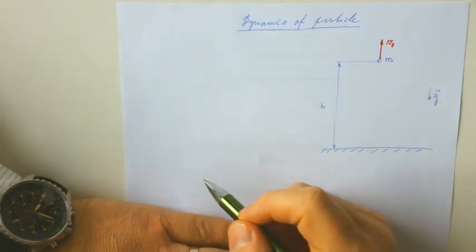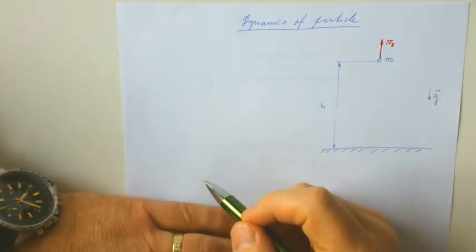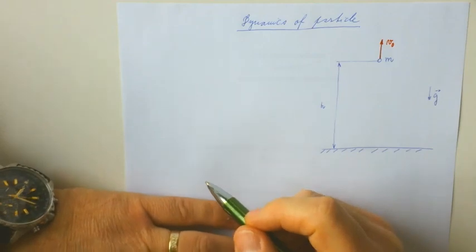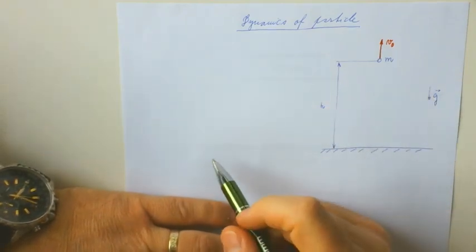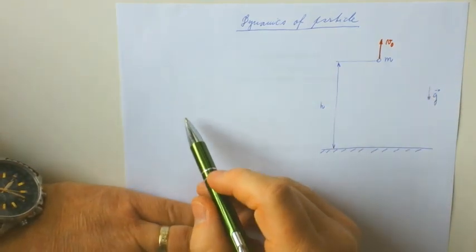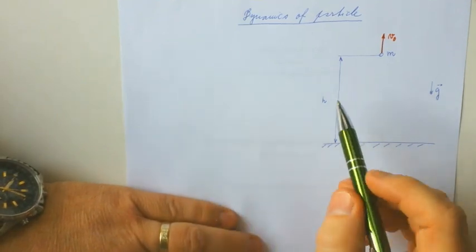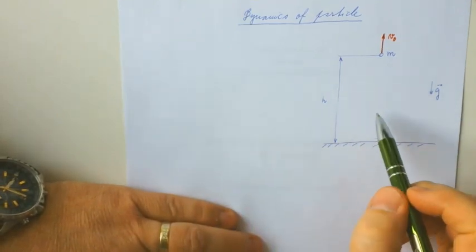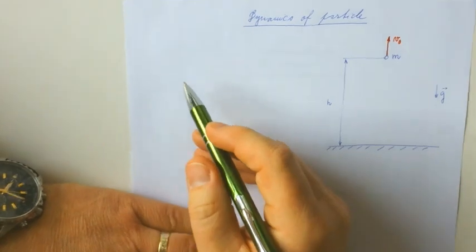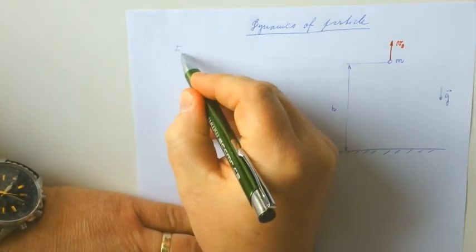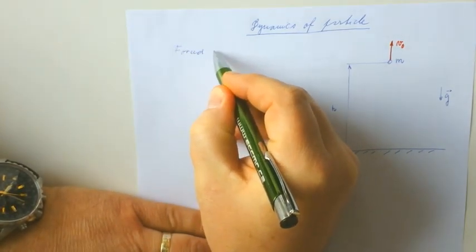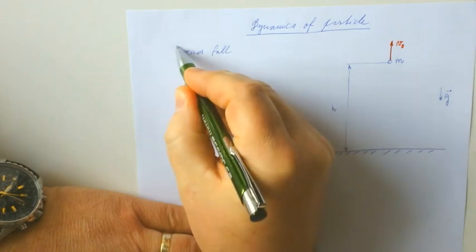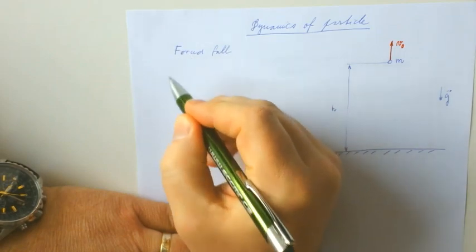Dear students, I would like to repeat something from last lesson. So, in fact, it was the first lesson with me. I would like to make this example again. We can call it forced fall of particle. Forced.